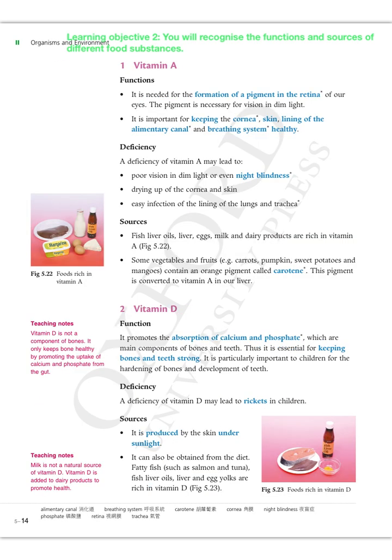Vitamin A forms a pigment in the retina. It is vital for vision, especially in dim light. The function of vitamin A also goes to maintaining healthy skin, cornea, and lining of the alimentary canal. Deficiency in vitamin A will lead to poor vision in dim light, that is night blindness.